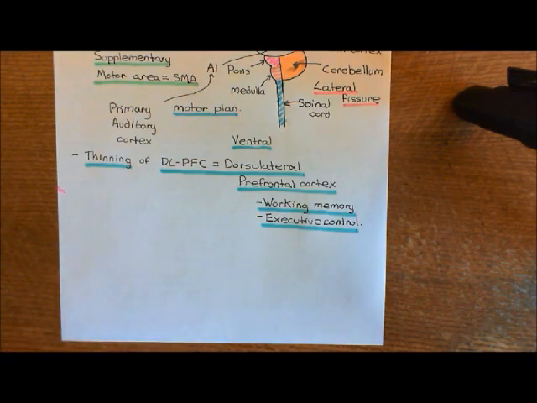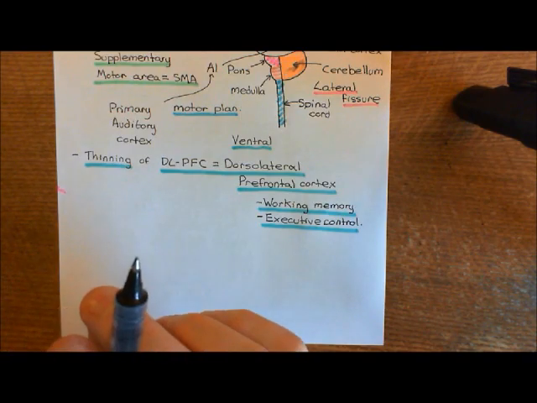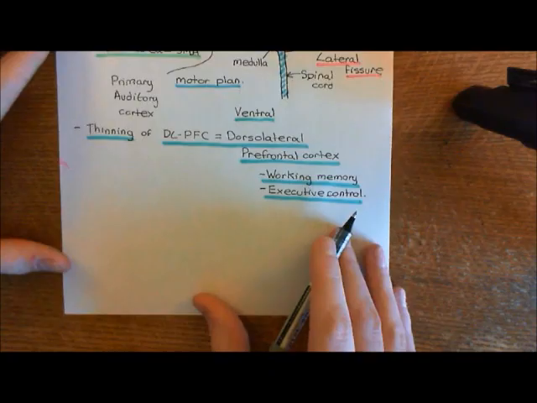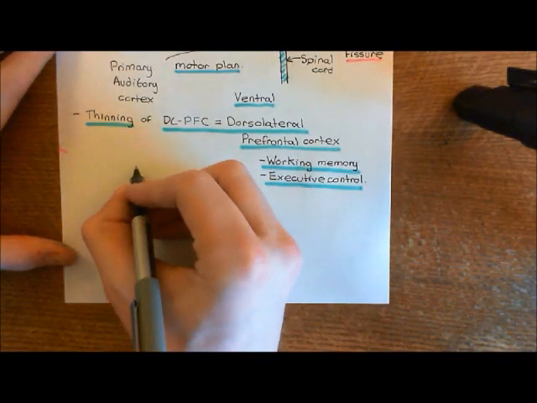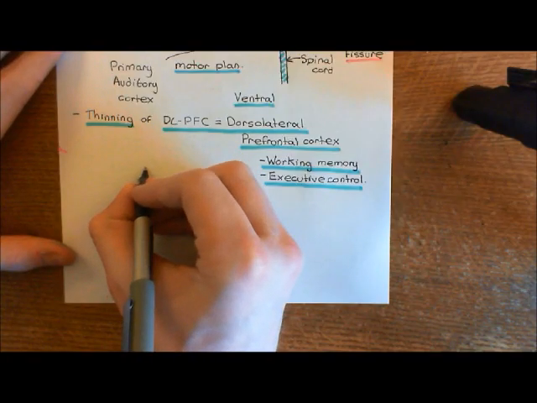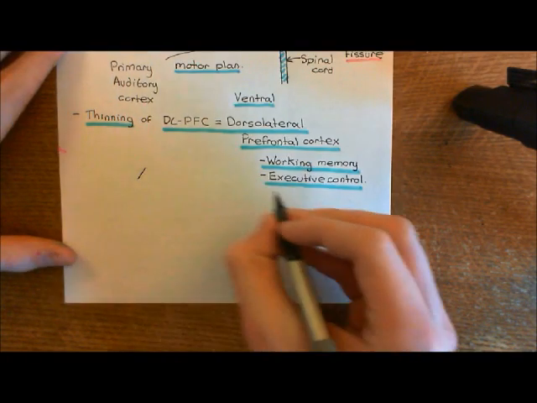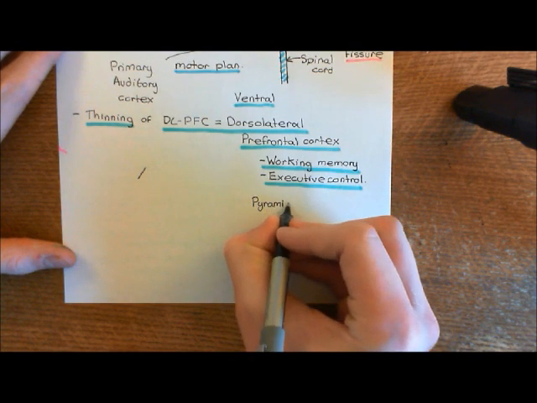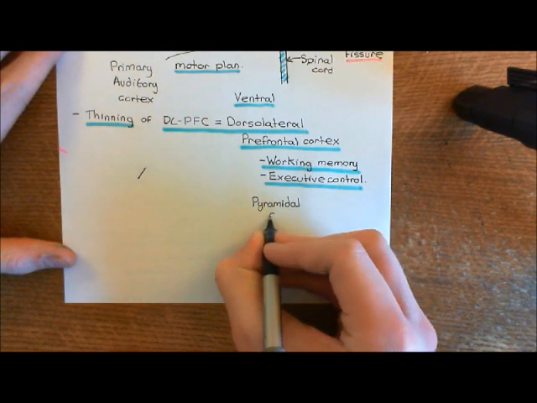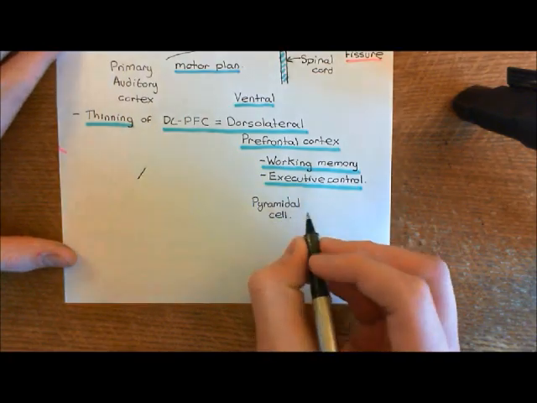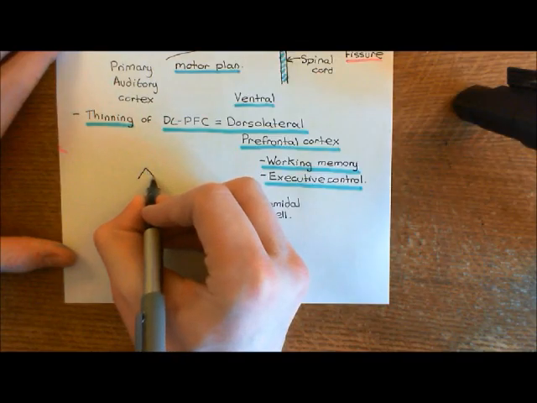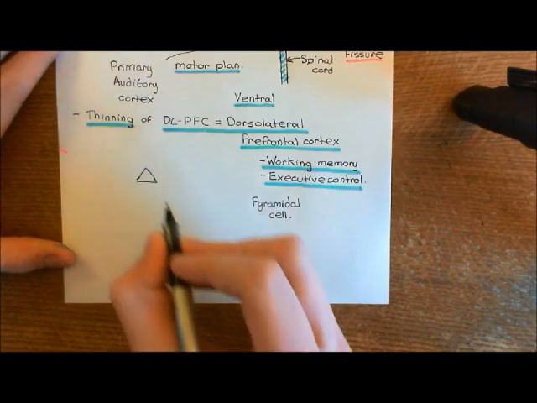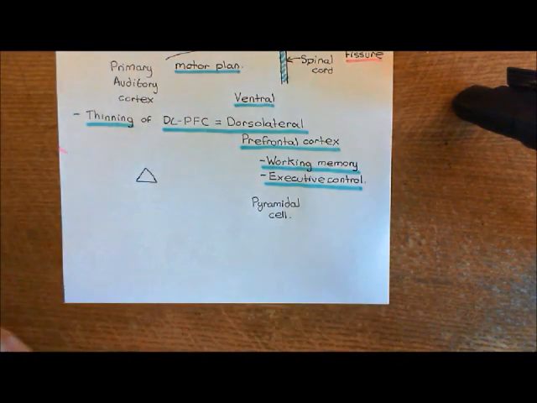To understand what is happening instead, you need to understand a little more about cerebral cortex structure. The main type of cell in the cerebral cortex is the pyramidal cell, or pyramidal neuron, which I'm going to draw for you here. These cells are known as pyramidal cells because their cell bodies appear in the shapes of triangles, so in the shapes of pyramids.